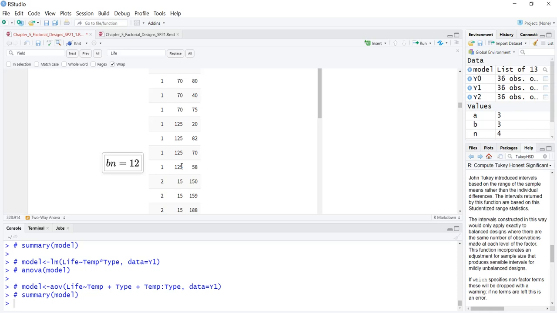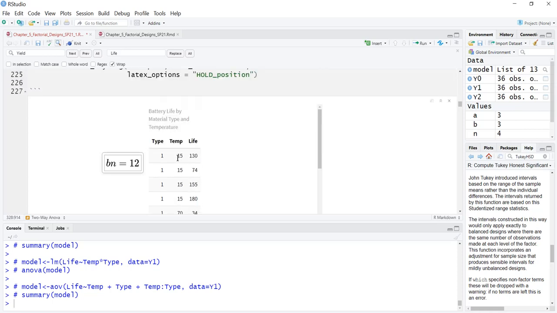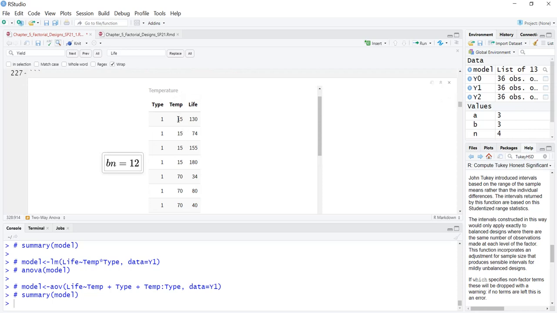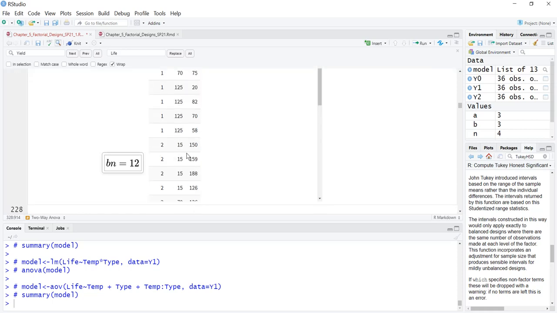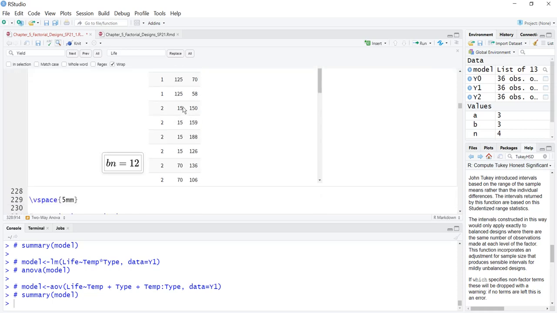So for every material type, there's going to be 12. By the way, for every temperature, there's going to be 12 as well, because A is 3 and B is 3. Okay, so we got 1, 2, 3, 4. For the next one, we have another 4, that's 8. And then we have another 4, that's 12.